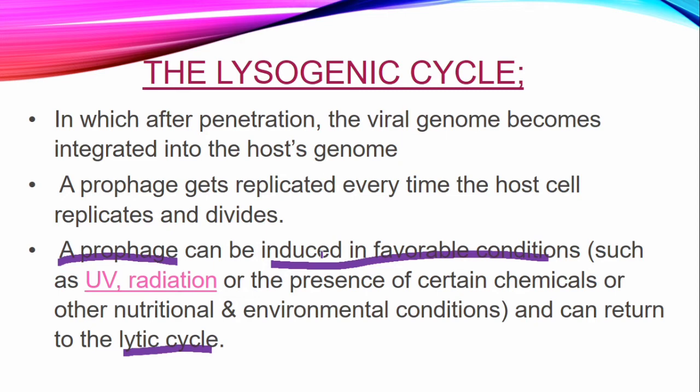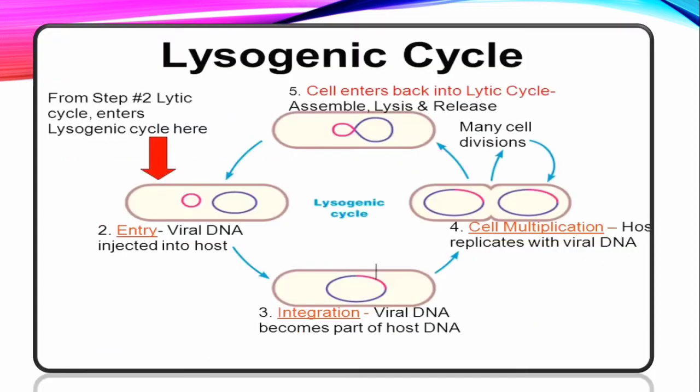Then coming to the next slide, the lysogenic cycle, which completely represents the cycle from step 1 to the last step. From step 2, the lytic cycle enters the lysogenic cycle in unfavorable conditions. What happens in the lysogenic cycle? Entry: viral DNA is injected into the host.